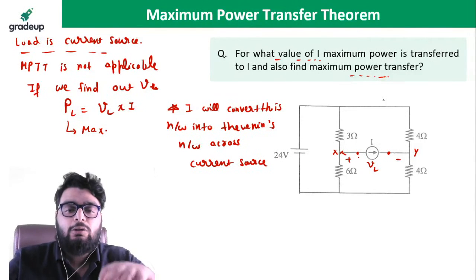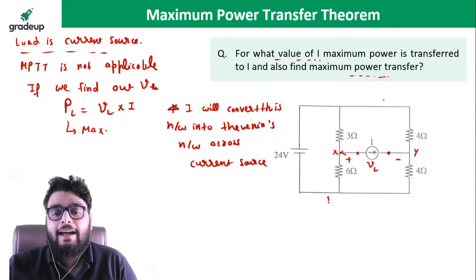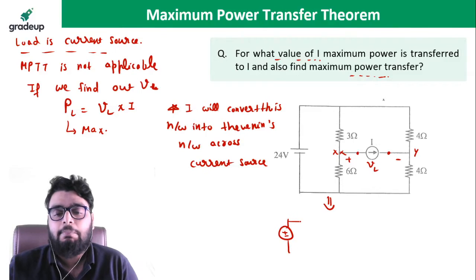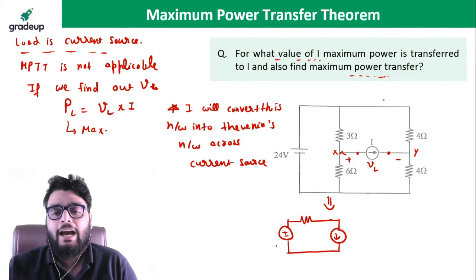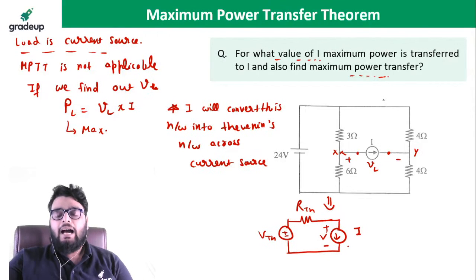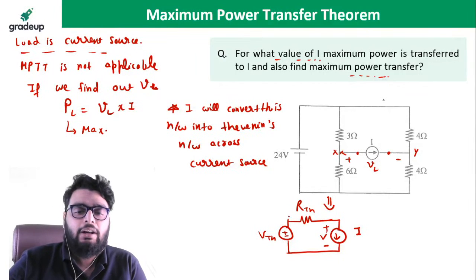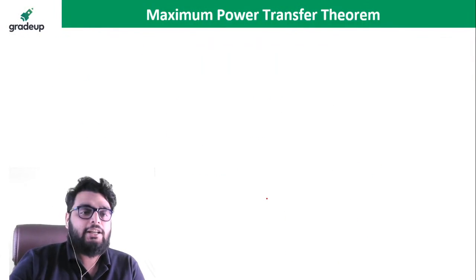So I will find out Thevenin's voltage and Thevenin resistance across the current source, and I can finally convert this particular network into this network. Okay, and after that I can find out the voltage across it. So first of all I need to find out VTH and RTH.